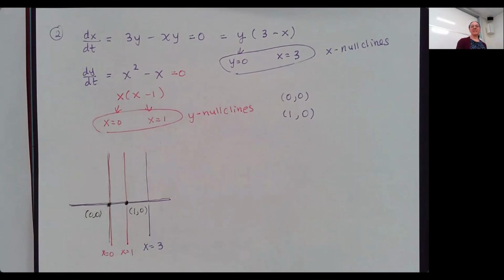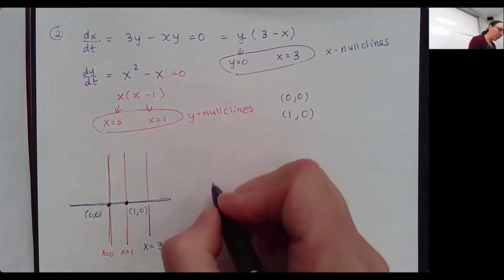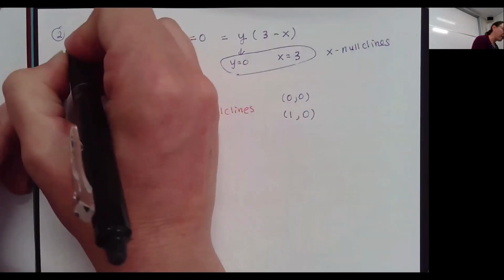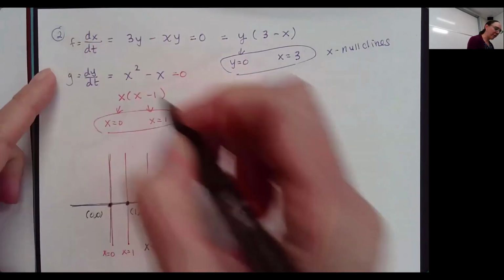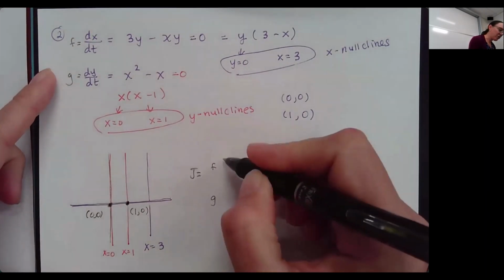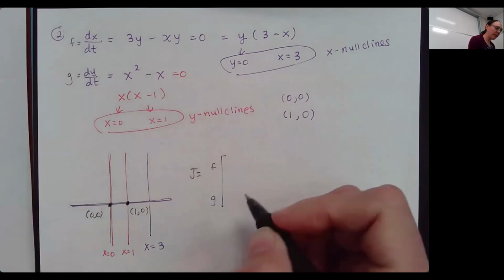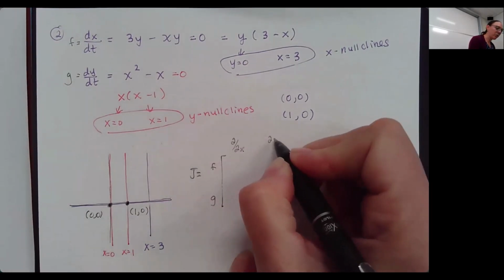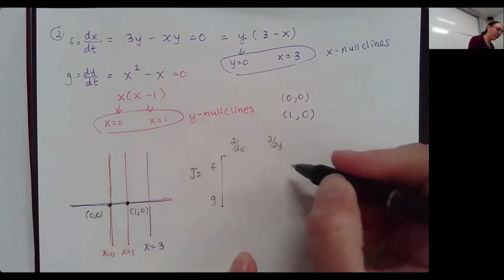Next up, if I'm going to classify, I need to find the Jacobian. Just to keep track of it all, I like to label the outside of my matrix. So I know I'm doing F in the top row, G in the bottom row, partials with respect to X in the first column, and partials with respect to Y in the second column.